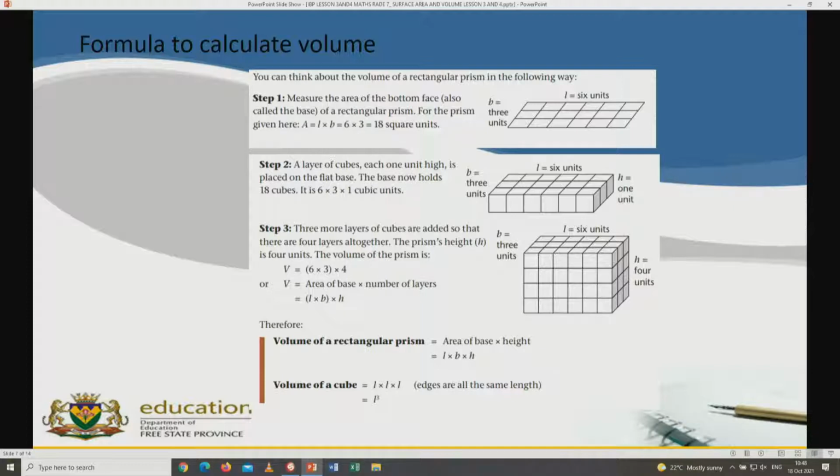For the prism given here, the one on the right, let's check the length, has got how many blocks? It is 1, 2, 3, 4, 5, 6. It is 6 units.